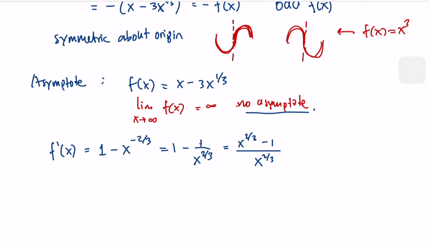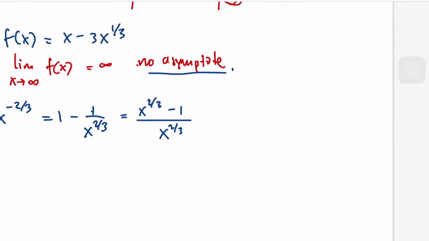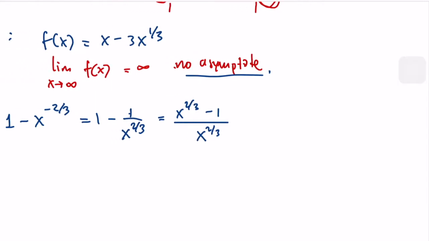Okay, we can see that when this is equal to 0, x should be plus minus 1, sorry, because it has x squared.